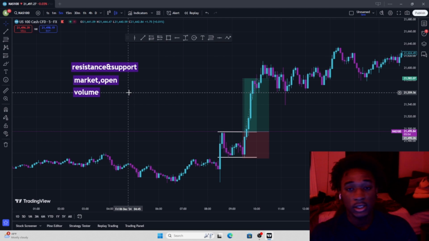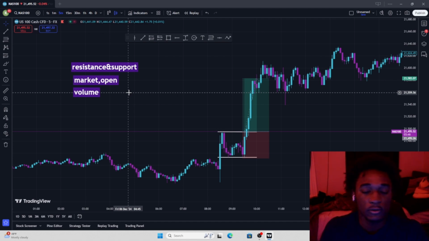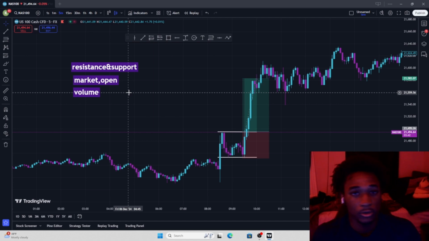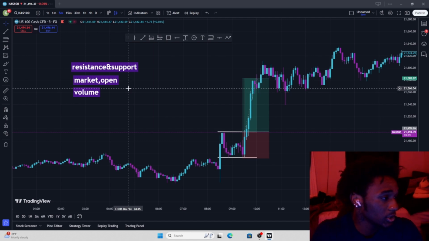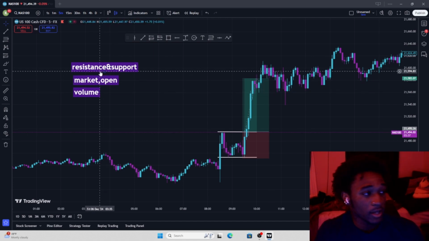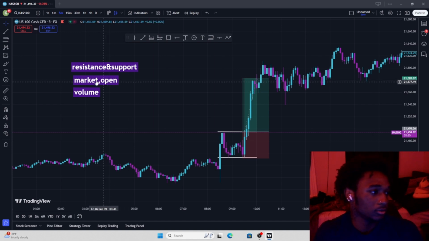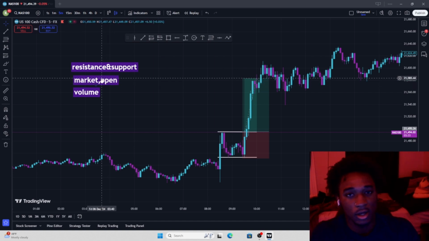The market has the most volume when it's just opening, throughout the first opening of the market. If you're going to be trading later in the markets, this strategy is not going to be for you, right? So these are just the main three things you're going to need, to be honest, to enter on a trade with this strategy.